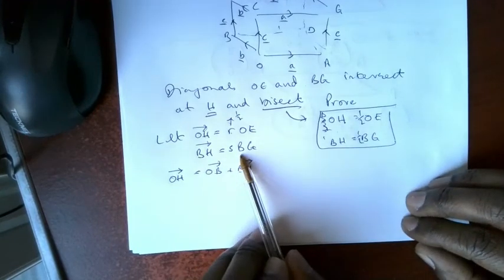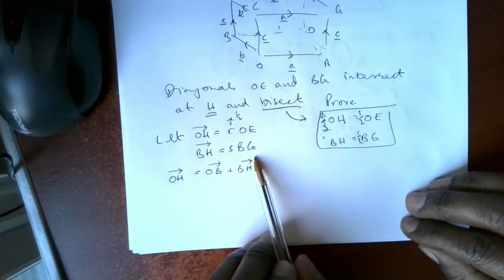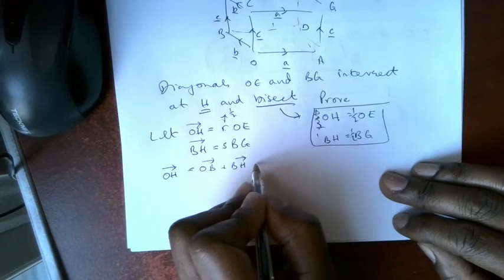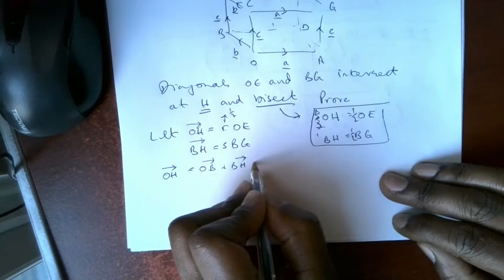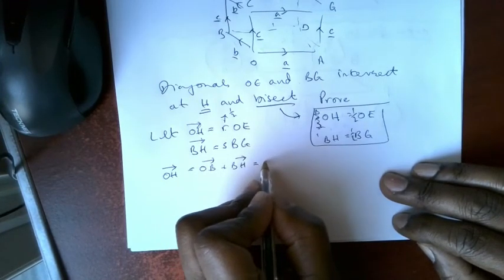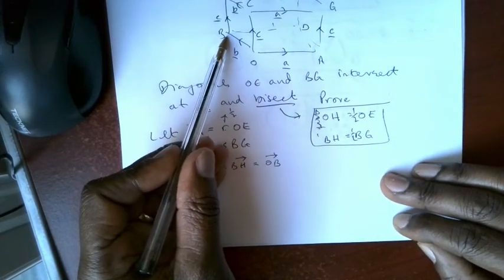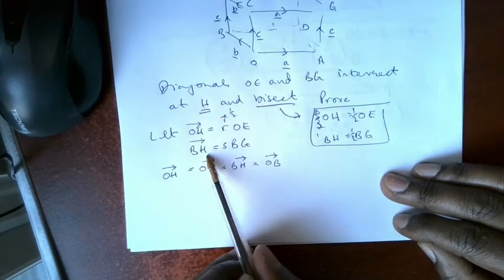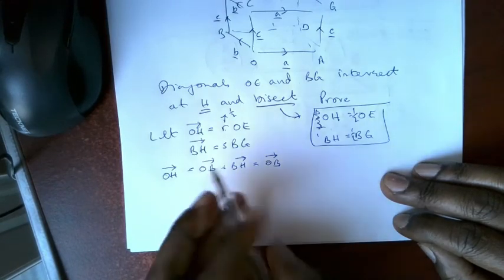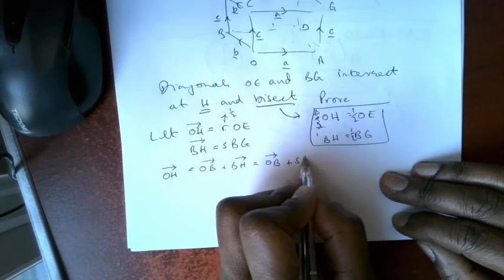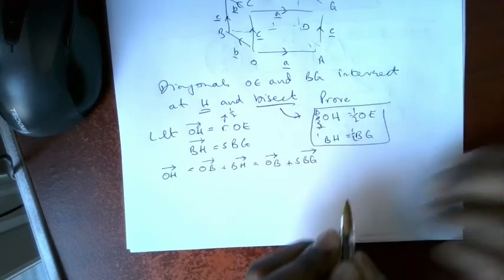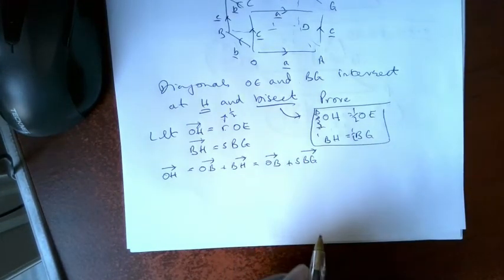B to H is this, a fraction of BG. So we can write down, instead, we can write that as OH equals OB, yeah, along here, and then a fraction of BH, or a fraction of BG, so S BG. Okay, so we've got that so far.